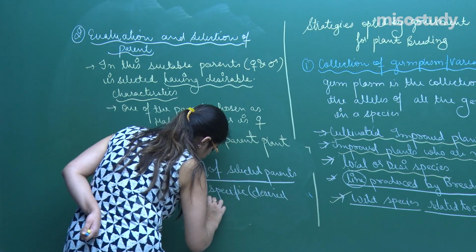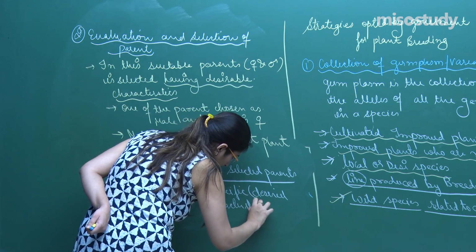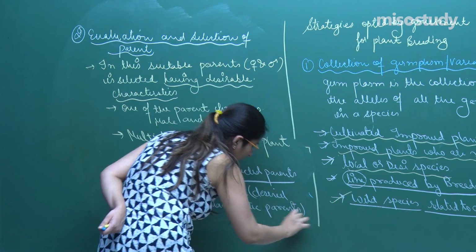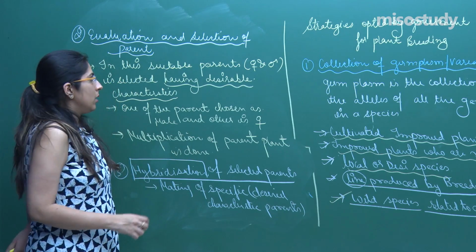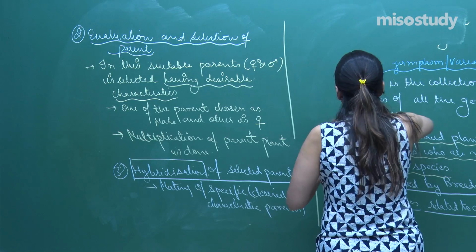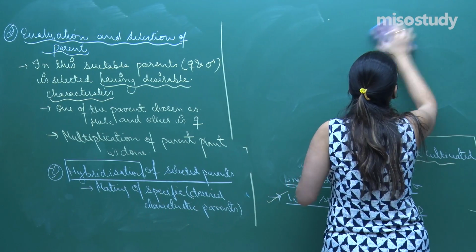Now, let's discuss how this mating is done regarding emasculation and bagging.